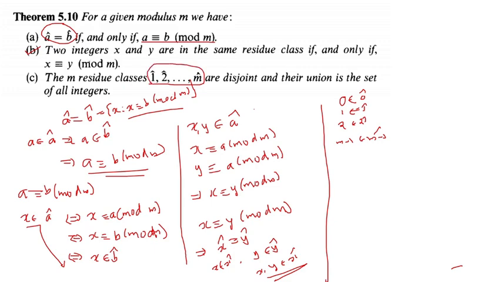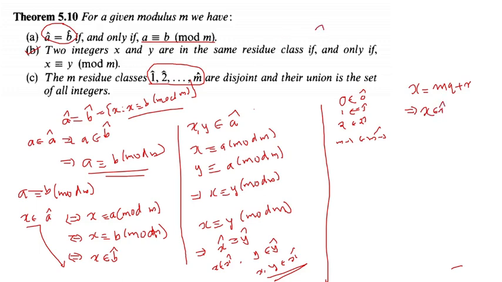So now we have to prove that their union is nothing but the set of all integers. We take an element X and then we apply the division algorithm with M. That means X can be written as MQ plus R. That means X belongs to R cap by the definition of R cap.